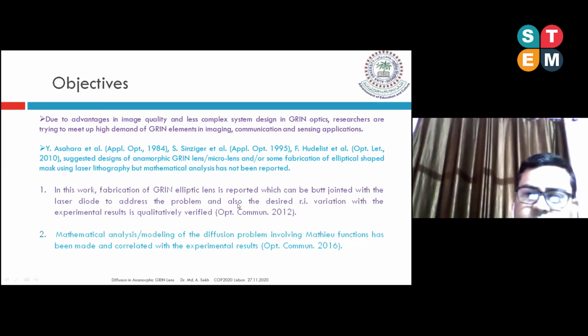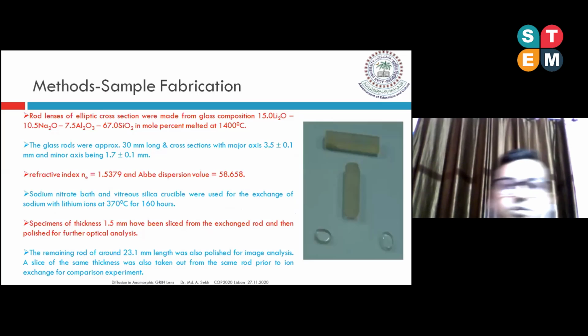Another objective was to plot the concentration profile, so that we can correlate it with the experimental result we have got here. Based on that, we have prepared this presentation.